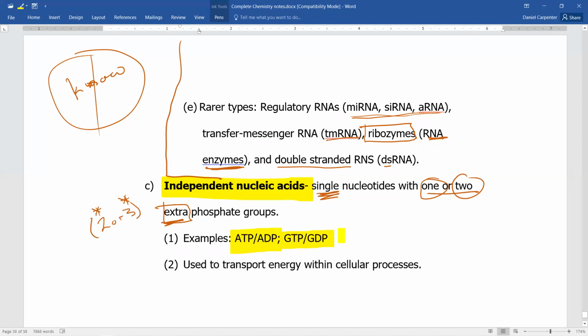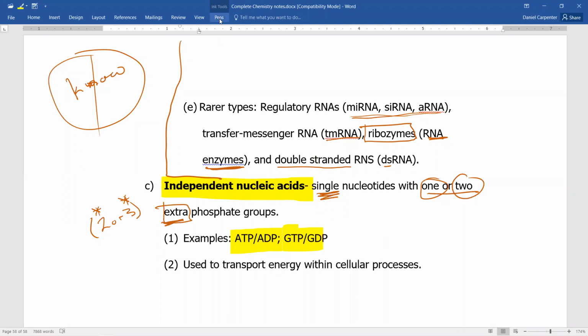Sounds like it should be some kind of a car model. It was a GT. I don't know if there was ever a GTP. But we'll talk about GTP, guanosine triphosphate, and GDP, guanosine diphosphate, in AP Biology if you take it.